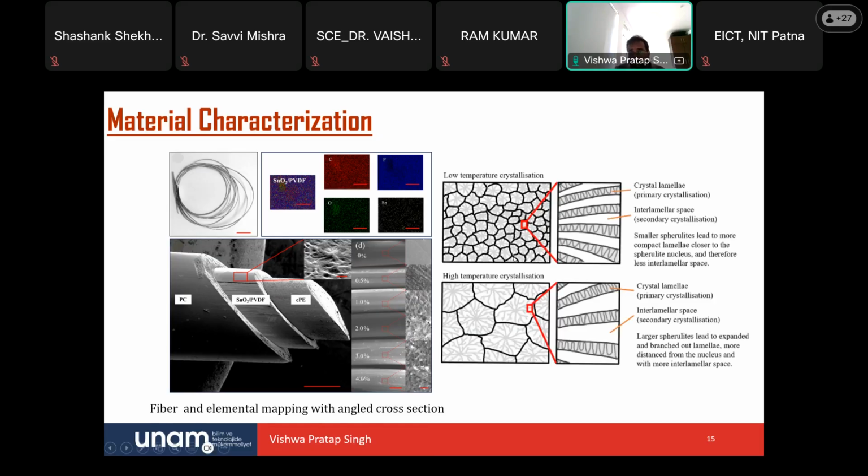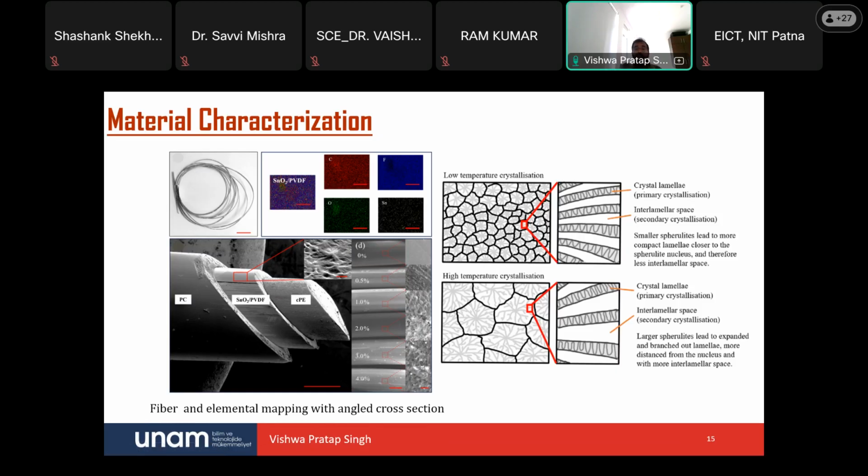This is the type of structure we got in our polymer when we removed the PVDF PC over it and checked our polymer. The polymer became much more crystalline, and it has a higher amount of beta phase.